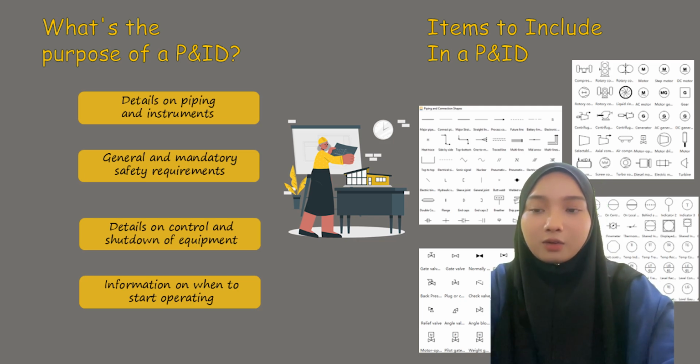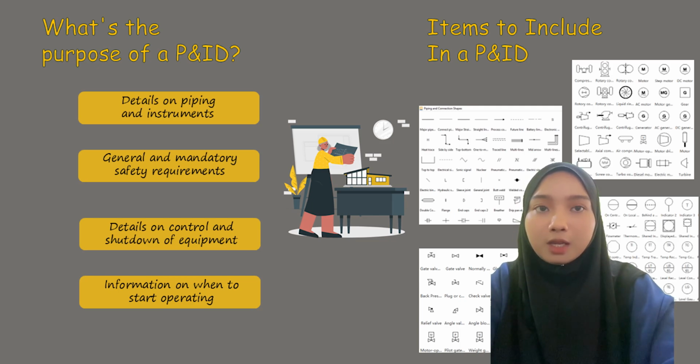Lastly, on the right side of this slide, a visual representation of instrument locations. PNIDs also use line types to show the location of instruments. So if there's no line, it means the instrument is located near the process equipment, easily accessible to the operator.